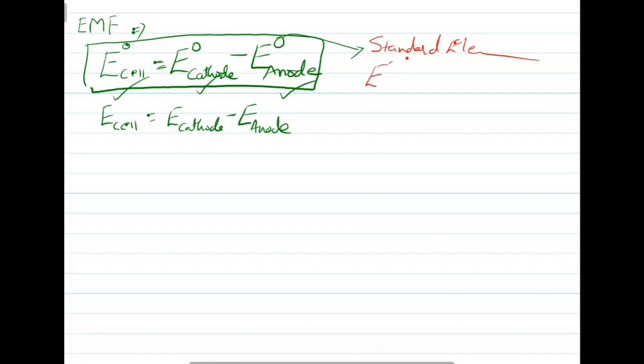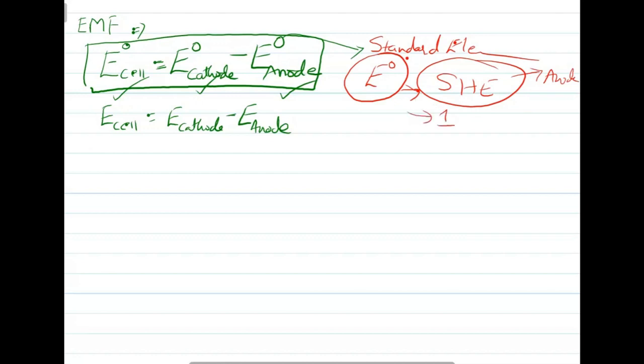Because whenever it is given as E0, the meaning is that your electrode potential is calculated by using the standard hydrogen electrode as reference, which is taken as anode, and the reduction potential is calculated.